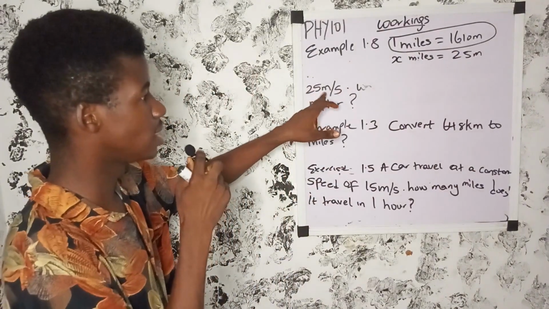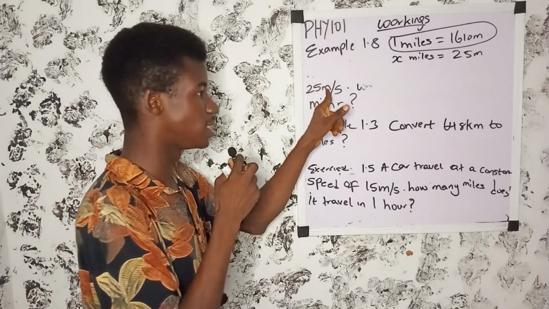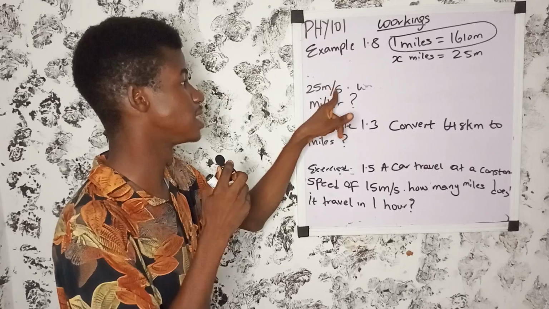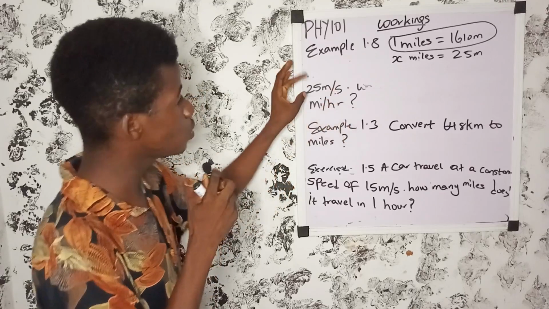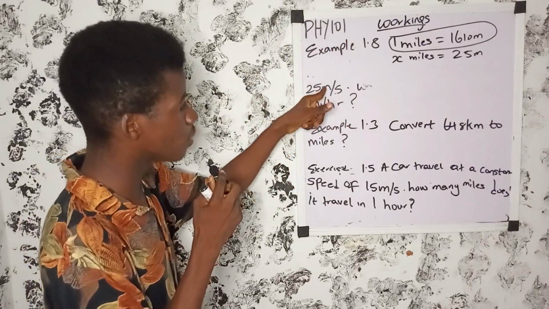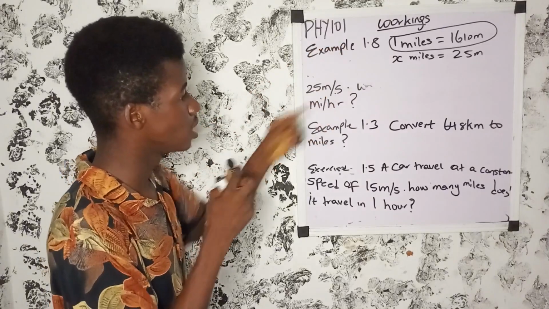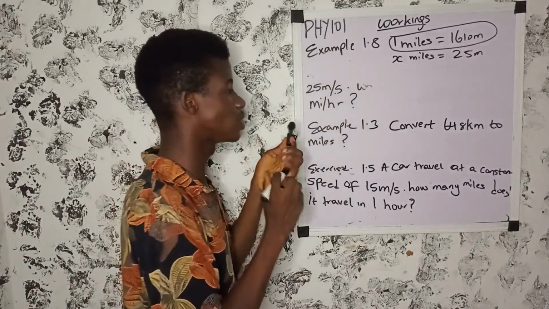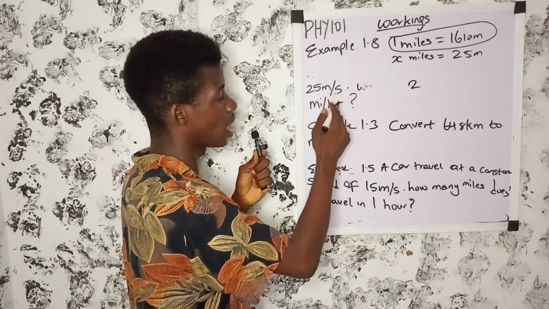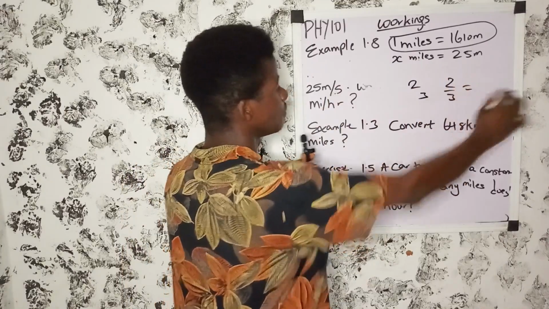If you look at this, it is made up of two quantities: distance or length, then time. Meter is for length, and seconds is for time. So we first convert from meters to miles, say that gives us quantity 2, for example. Then we convert seconds to hours to be 3, for example. We will divide them and get the final answer.